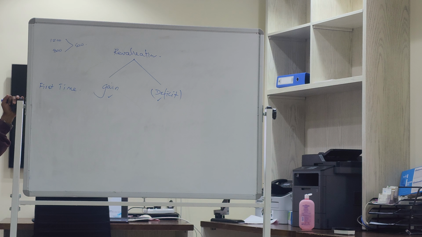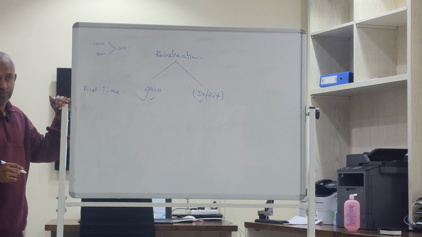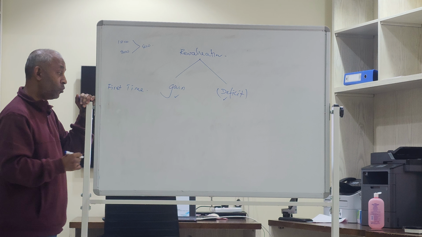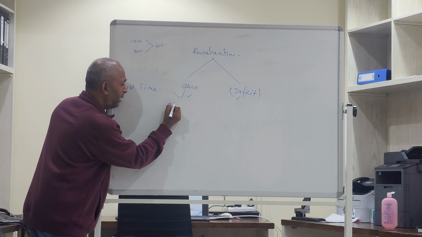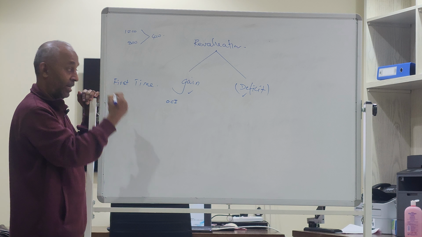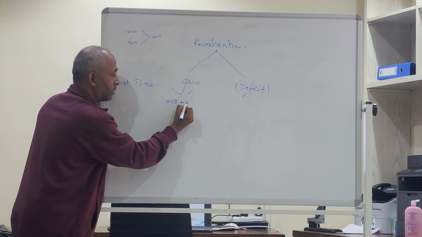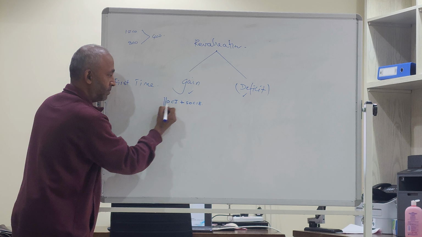So the standard says, if the revaluation is the first time, and if you make a gain, how to present this? The standard tells you, you have to present in two places. One is other comprehensive income, as I did in that previous screen, and the statement of changes in equity.